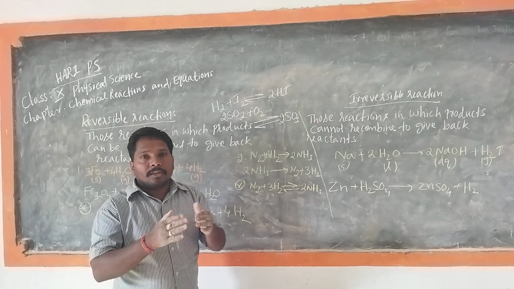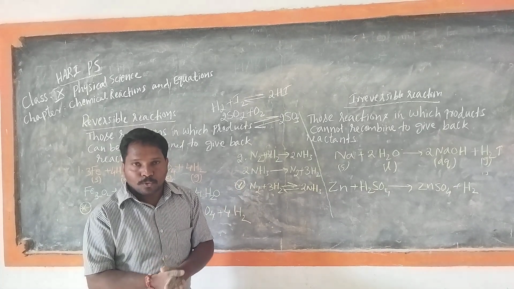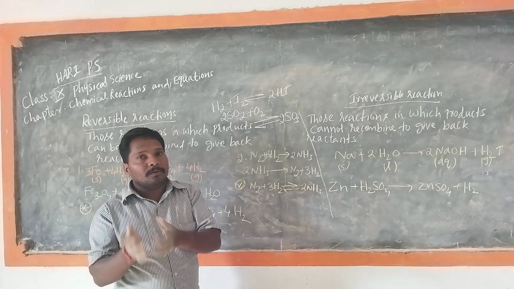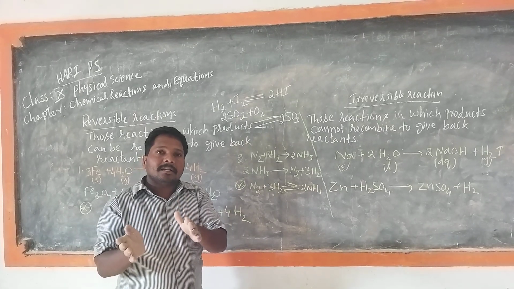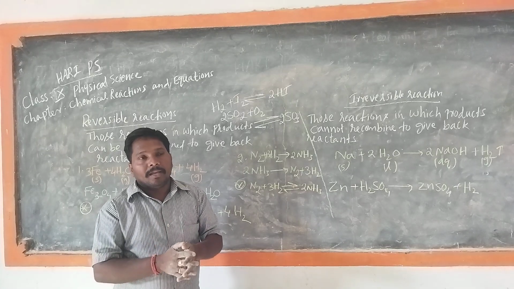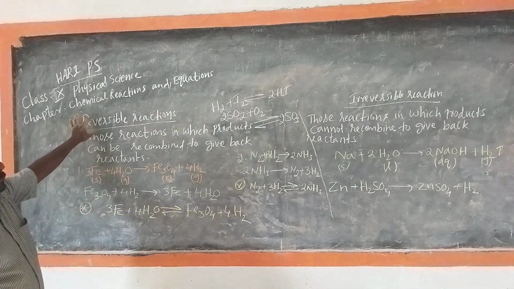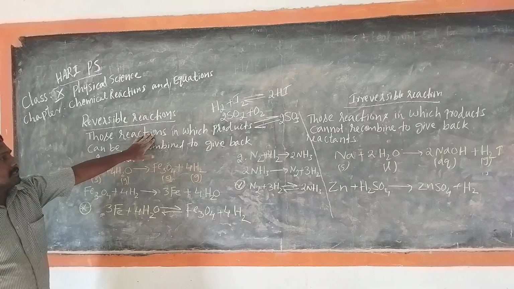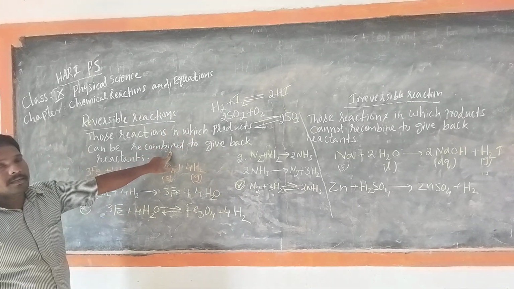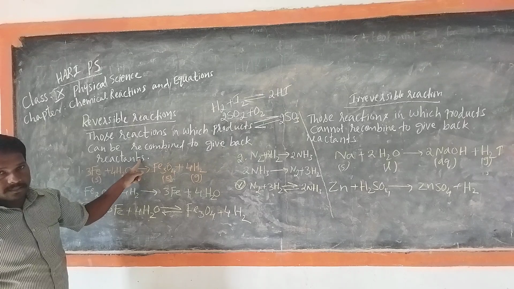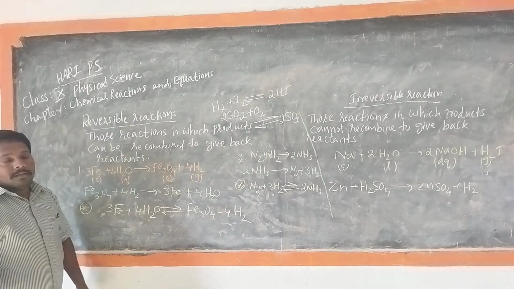These reactants give us a new substance, called the product. If the reactant forms a product, and the products combine together and give the reactant back, those reactions are called reversible reactions.